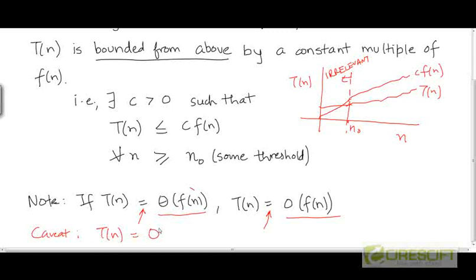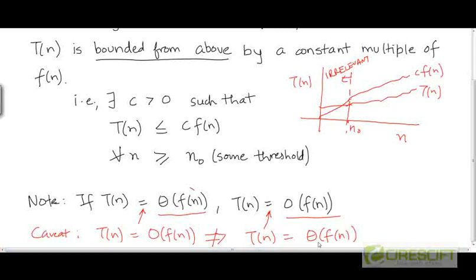So if T of n is big O of f of n, this does not necessarily imply that T of n is big theta of f of n. Because when we are talking about the theta notation, we are talking about the existence of both an upper bound and a lower bound on T of n.